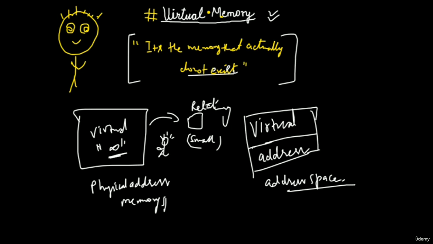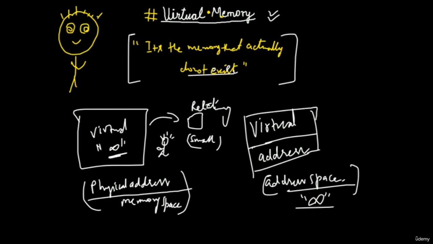So the memory space is less, so we use virtual addresses, which is the address space, and that we can theoretically have as infinite. Not infinite, but I'm just using the word infinite so that you can understand that if you have 1 kilobyte, you can use a 100 kilobyte program for your work.